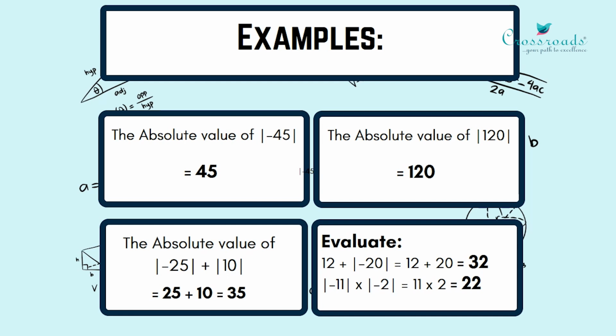Let us further evaluate a few more sums. 12 plus absolute value of -20 is nothing but 12 plus 20, and the answer will be 32. If we multiply two absolute numbers, that is -11 into -2, we will derive the answer 11 into 2, which is nothing but 22.